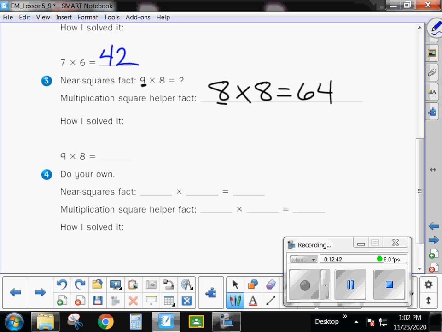So I have to add a group. And what am I going to add on? What number is in both problems? There's an 8 in this problem and an 8 in this problem. So 64 plus 8 equals 72.